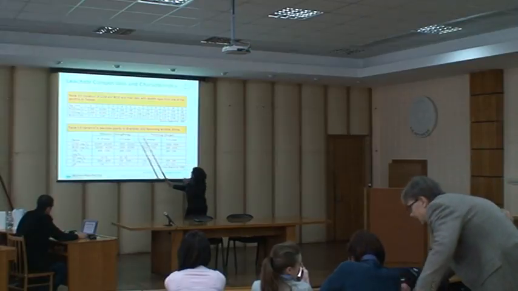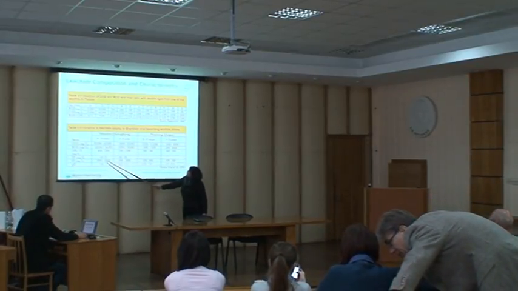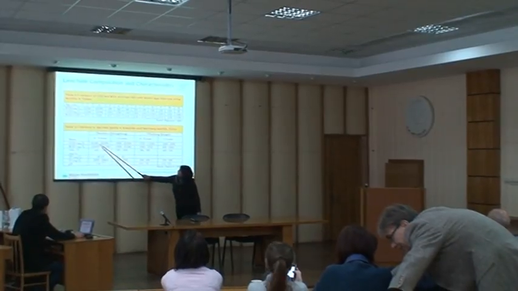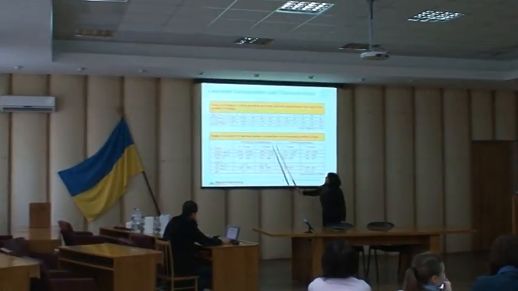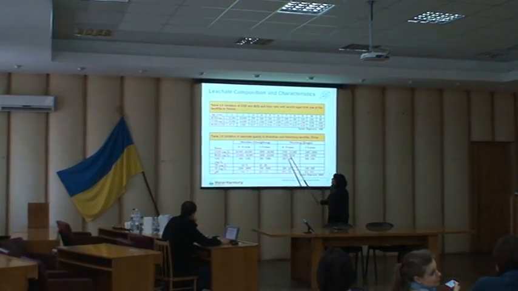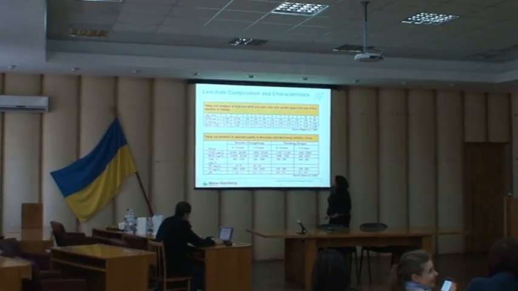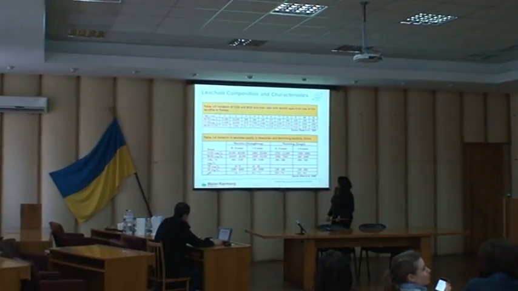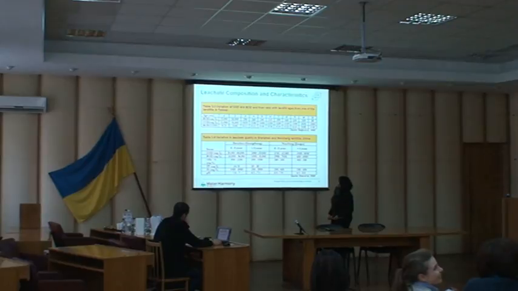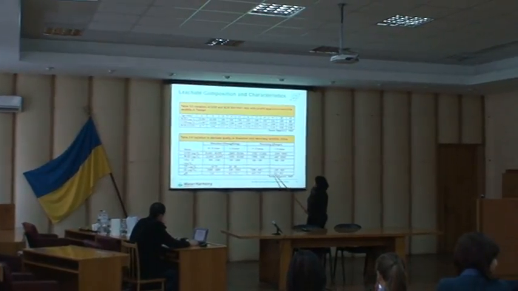This is a Chinese city. So here we can see 20,000 and here 3,000. So there is a big and huge difference in the characteristics of leachate. And the pH is around neutral.